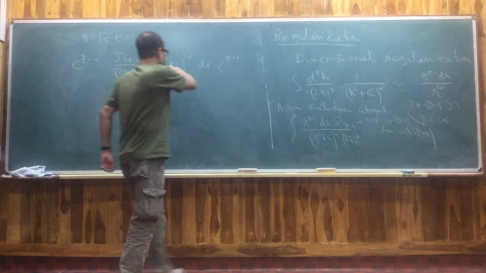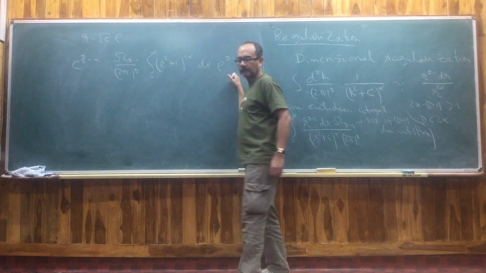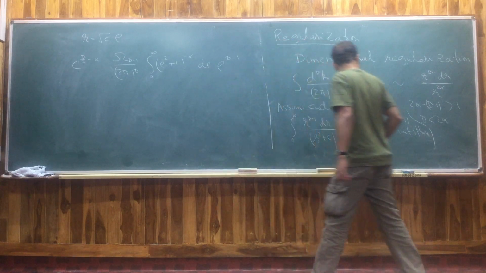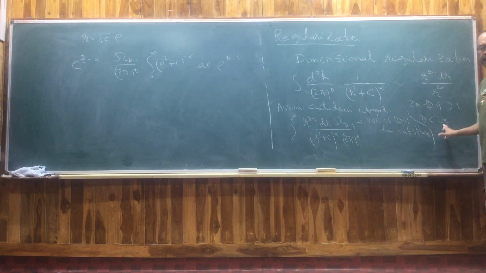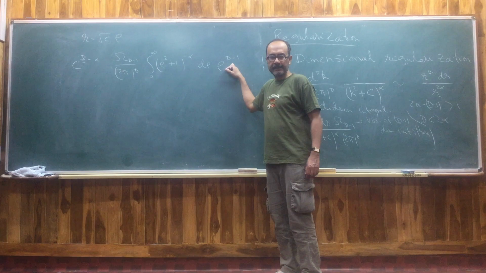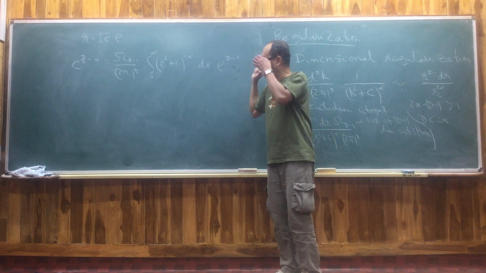Now this integral is divergent if d is larger than 2 alpha. Which is expected, because if d is larger than 2 alpha, then this grows too fast and you get the original divergence.